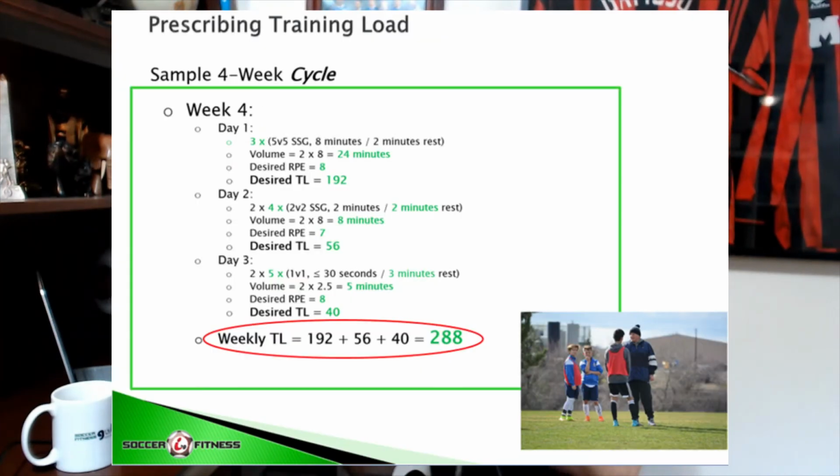And finally, to wrap up this monthly cycle of 4 weekly cycles, we've got a deloaded or detraining week in week 4, where the overall training load for the week is down to just 288, or about 33% lower than it was in week 1.